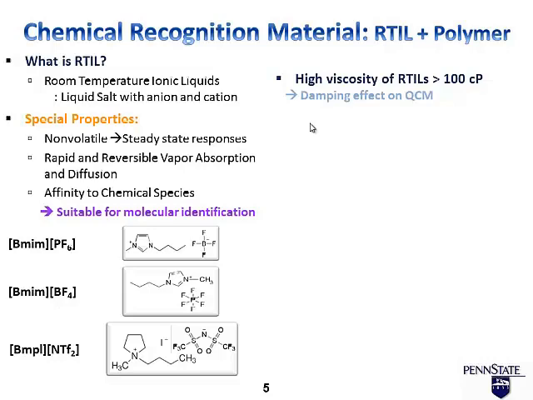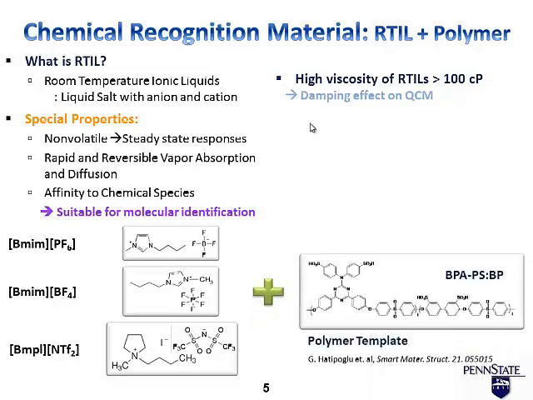To address this issue and to provide a better immobilization strategy, we also investigated a special polymer template as a common platform for the recognition film on top of the QCM.